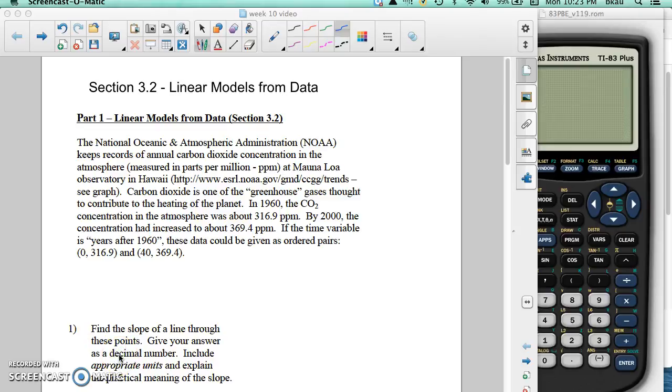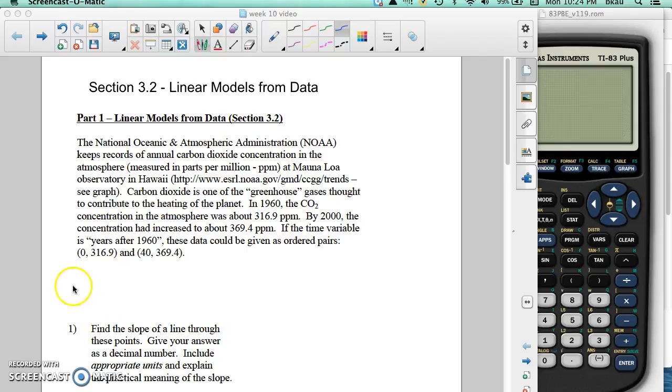Hello, and in this video we're going to be looking at how we can model linear functions from data that we've found in a problem. So we're going to take a look at this example that was on your worksheet.